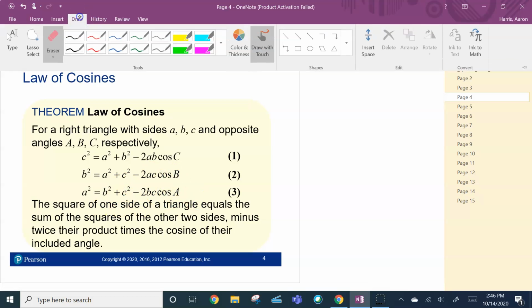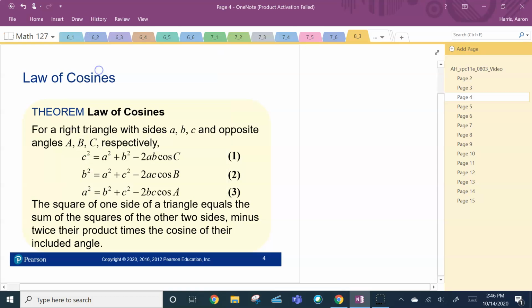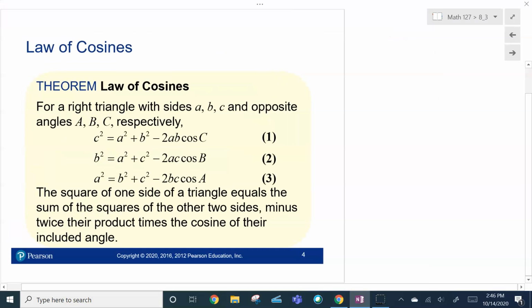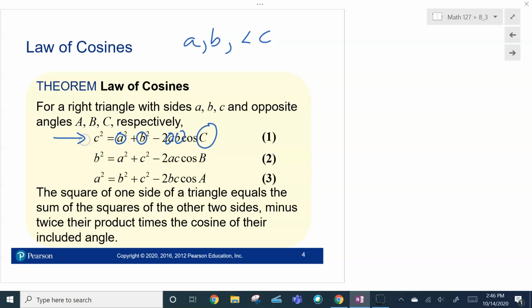Now, for that problem, we were given lowercase a, lowercase b, and angle C. So which am I going to pick, 1, 2, or 3? Well, since I have angle C and I have lowercase a and lowercase b, I got to use this first equation, because that's the only one that has a lowercase c that I can solve for.